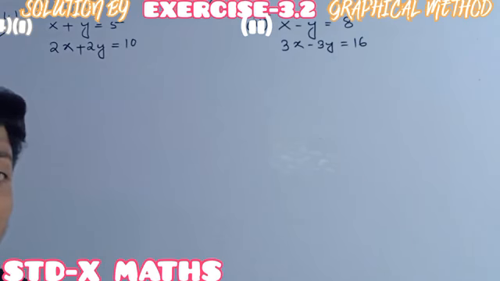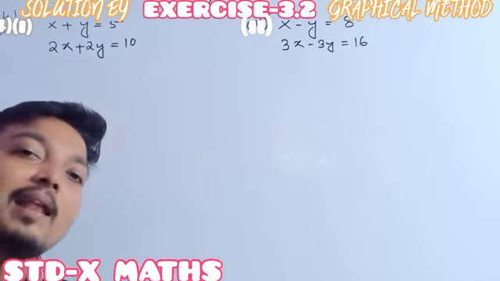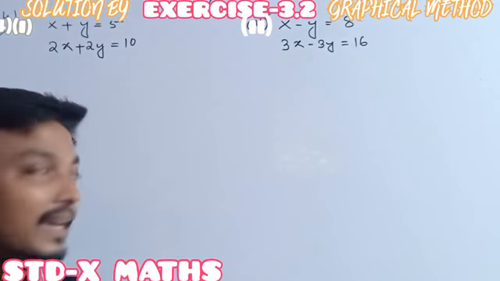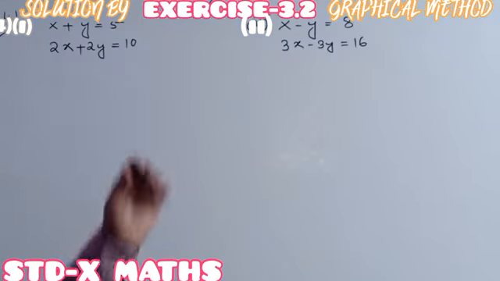If it is inconsistent, you don't have to do the graphical representation to find the solution, because inconsistent means parallel. Parallel means having no solution. Okay. So first I am doing question number 4(ii).